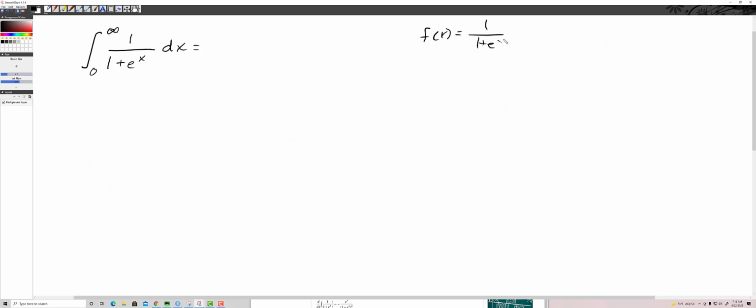1 over 1 plus e to the x. Now if I tool around with this for a while, I can actually find that f prime of x is minus e to the x over 1 plus e to the x, quantity squared. Now I know that f squared of e to the x, I could just multiply both sides by 1 plus e to the x, both the numerator and denominator.